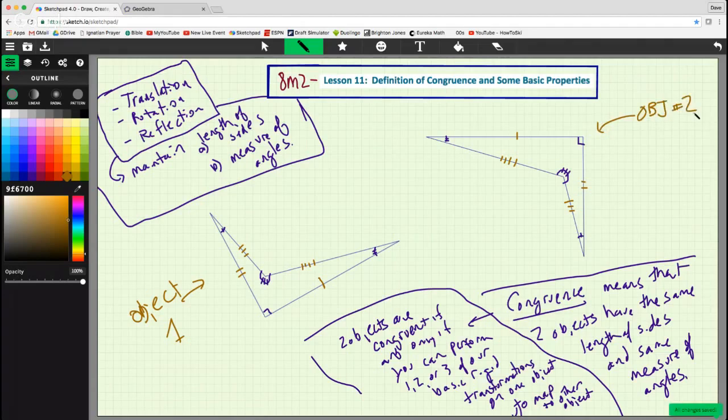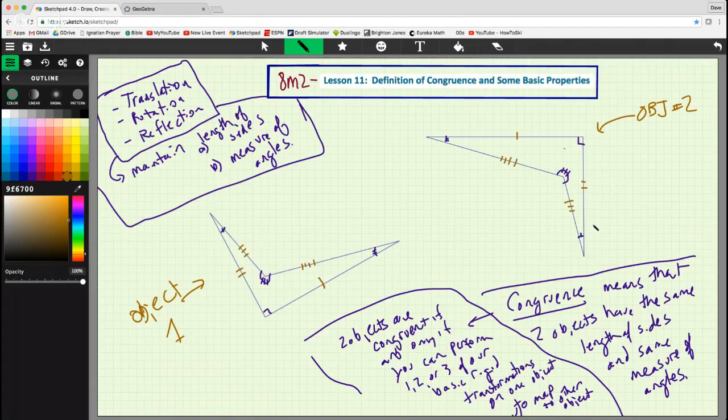Are these two objects congruent? Let's ask that question. The answer is these markings identify same length sides. This denotation means that this side is the same length as this side. This demarcation of 2 lines means that those are the same length. The 3 means those are the same length, and this 4 means those are the same length.